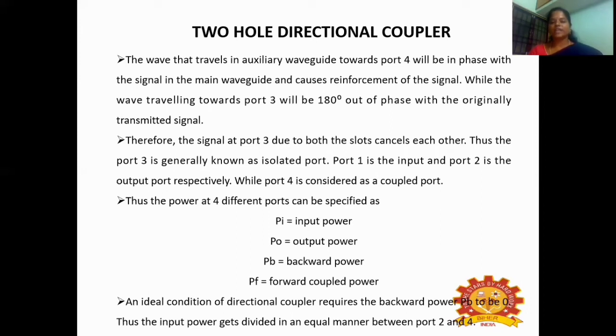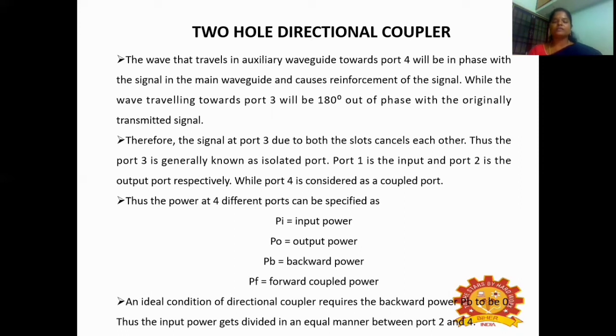So this causes reinforcement of the signal. While the wave which is traveling towards port 3 will be 180 degrees out of phase with the original transmitted signal. So the signals at port 3 due to both slots cancel each other because they are 180 degrees out of phase with each other. So they cancel each other.